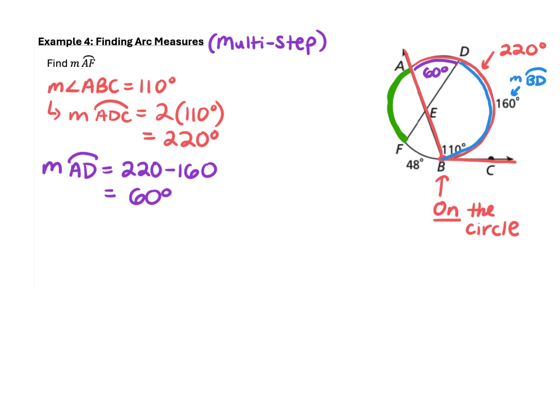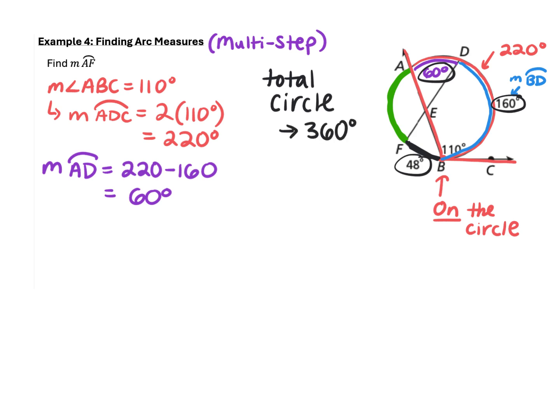Well, now we actually have everything we need. If you look at your picture, we have almost the entire circle filled in. This little arc is 48, and then we have 160 and 60. And remember that a total circle is always exactly 360 degrees.